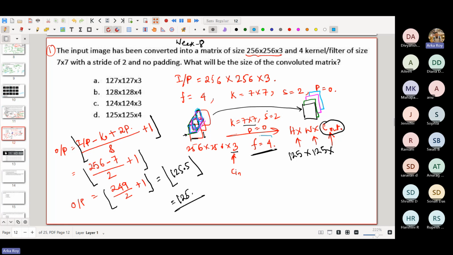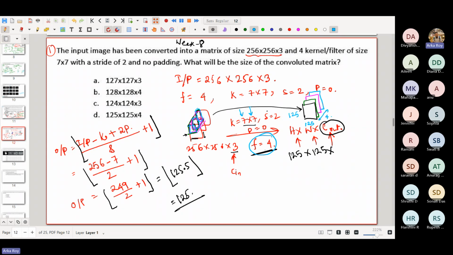So you can see that you have 4 filters of size 7x7, which are now converted to 7x7x3, and then you do the convolution operation, and each time you get 4 different outputs. That is why your output size will be 125 cross 125, and the channel will be 4.